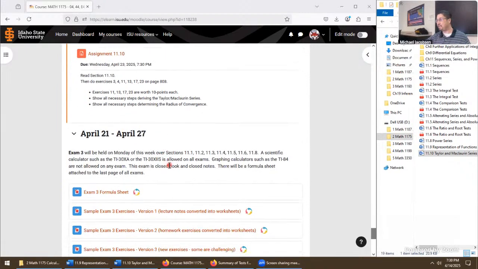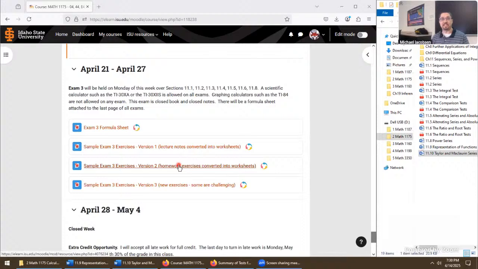We're really there, and the major thing now is exam 3 is on the table. We'll have our third exam when we come back a week from today, next Monday, and it's only specifically these sections through here. So it's targeted to sequences and series, where section 11.8 is really where we're dealing with power series for the very first time, but we're really just using the ratio test often in that one particular section.